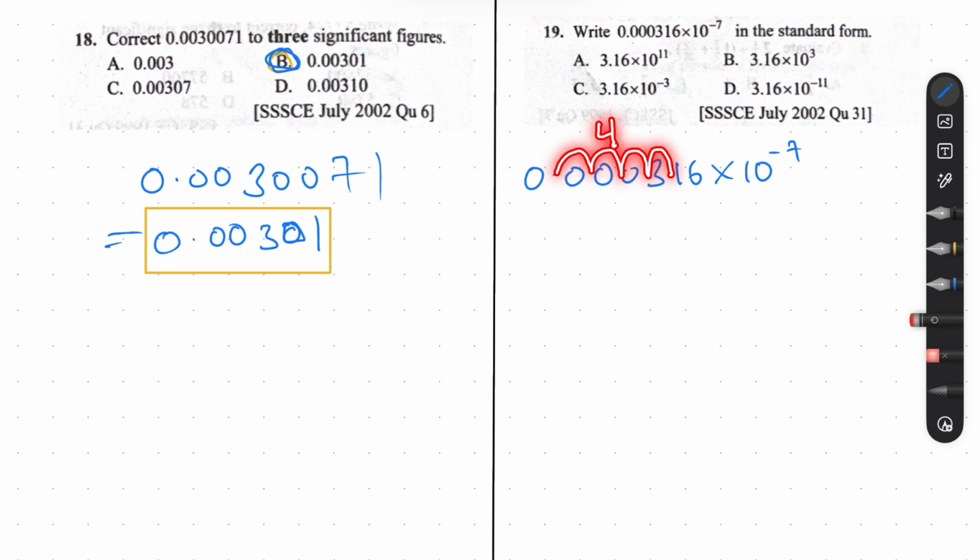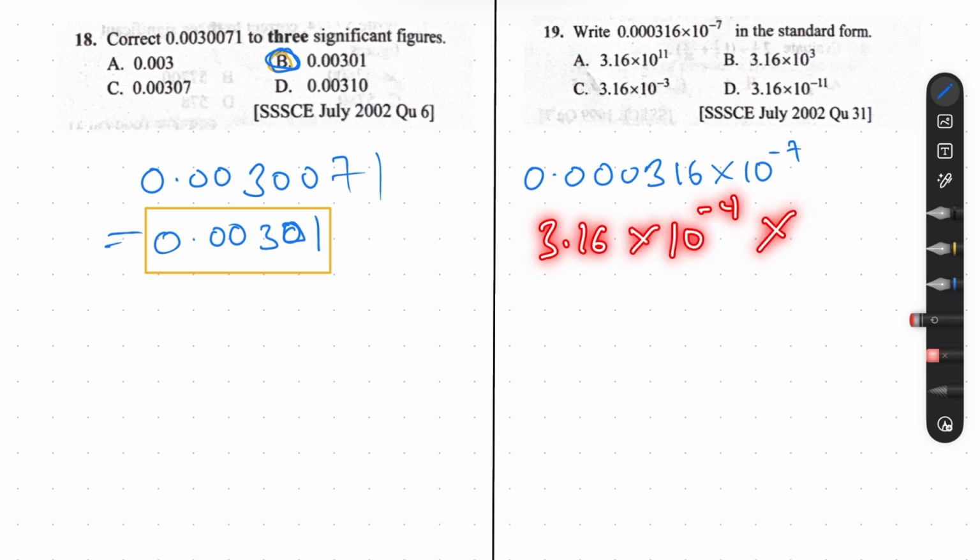And as I mentioned before, when you are moving the decimal towards the right, the exponent will be what? A negative. So when we count 1, 2, 3, 4, we're going to have -4, right? And the decimal will be right here. So we're going to have 3.16 times 10 to the power -4.